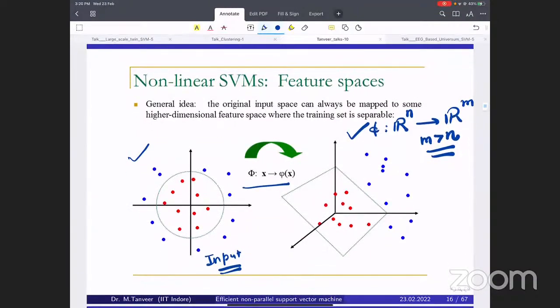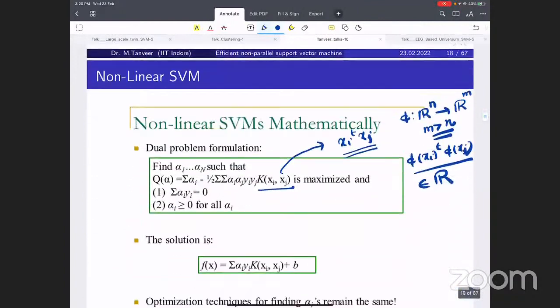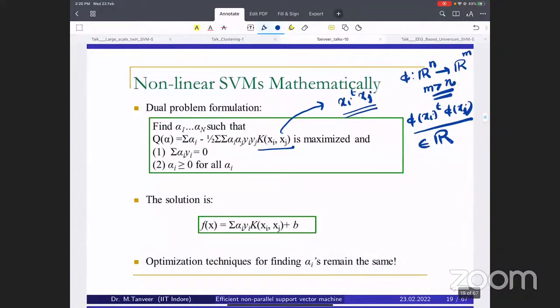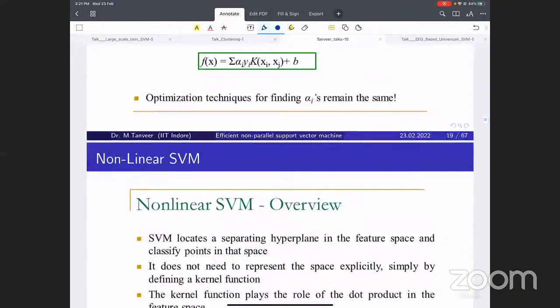The reason is, while solving the SVM optimization problem, you can see that this is nothing but a number, so we do not need to know the nature of phi. So we are working in high dimensional space, but essentially linearly.